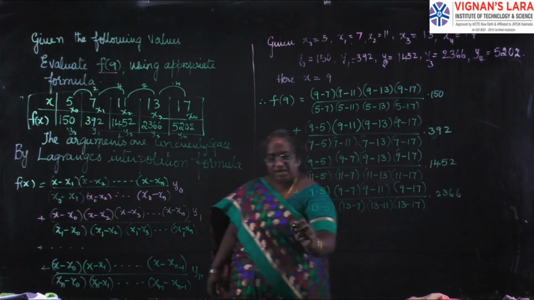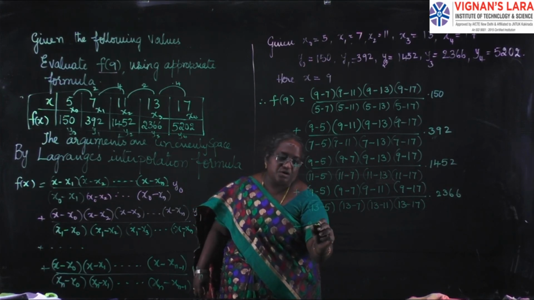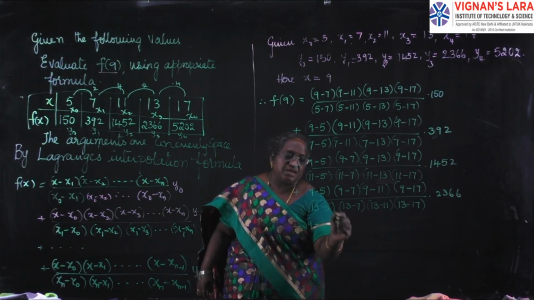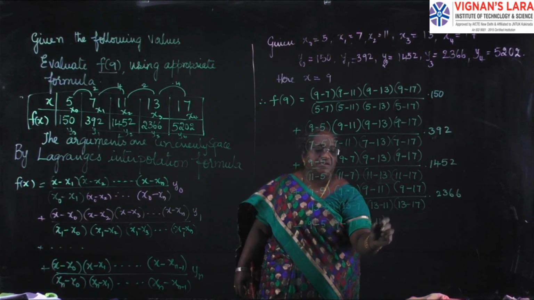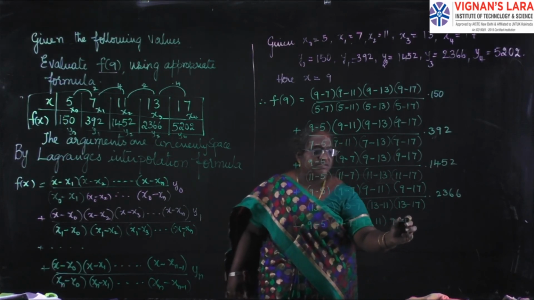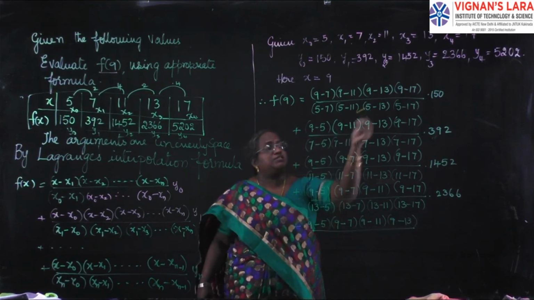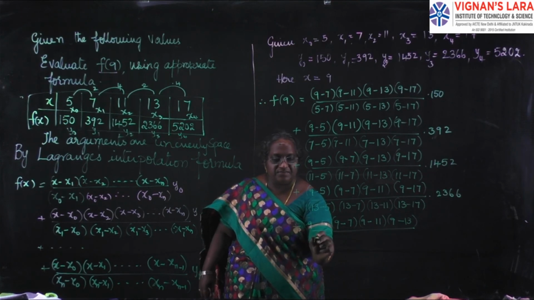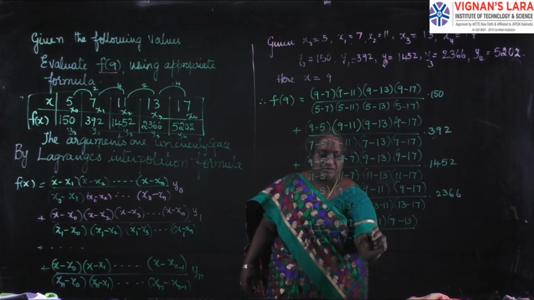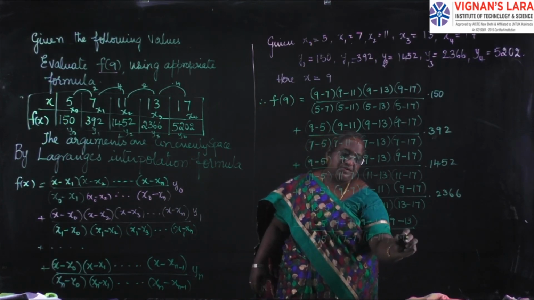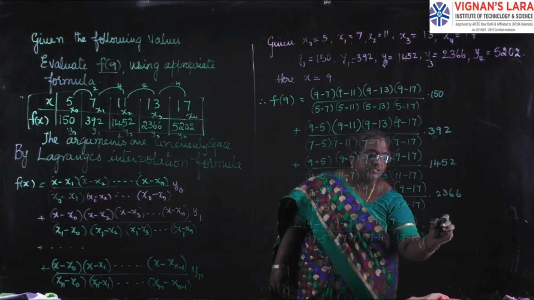Next, the last term. This time we omit x4. So (9 minus 5)(9 minus 7)(9 minus 11)(9 minus 13) by, we have omitted x4, 17, so in place of 9 we get 17: (17 minus 5)(17 minus 7)(17 minus 11)(17 minus 13) into y4, which is 5202.